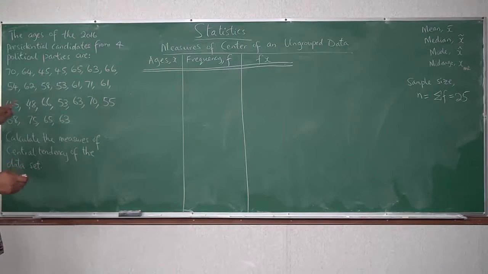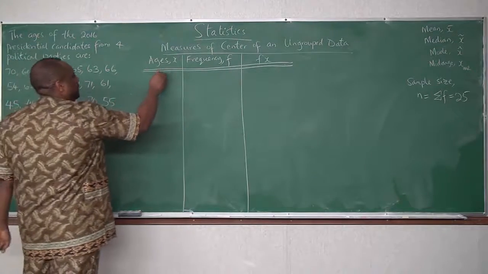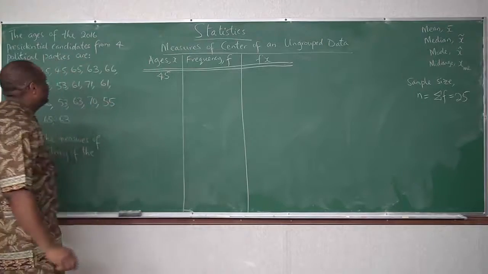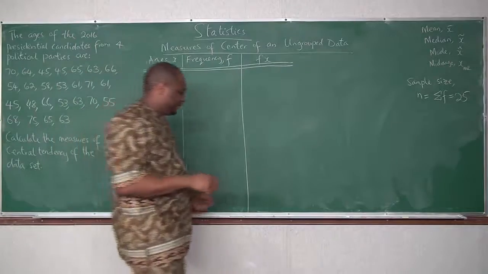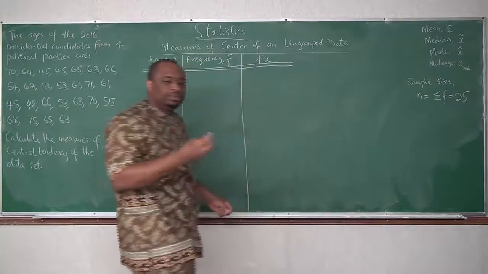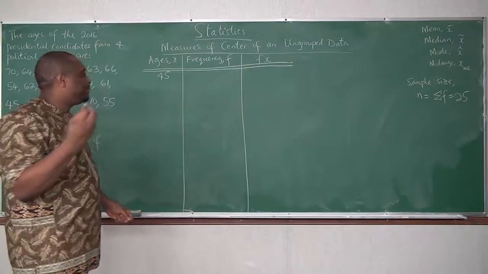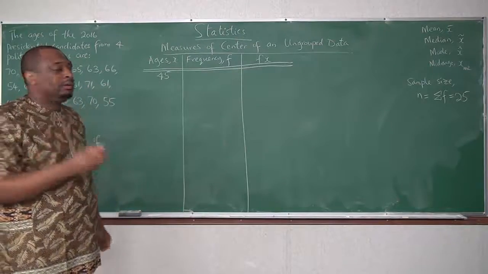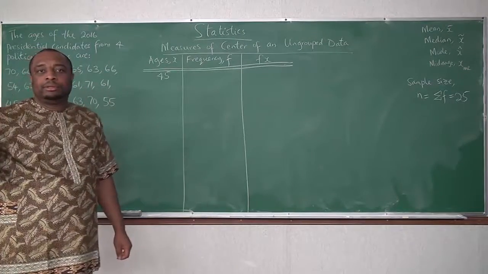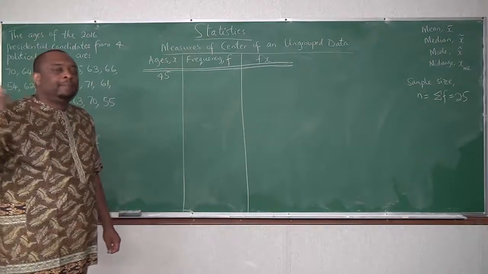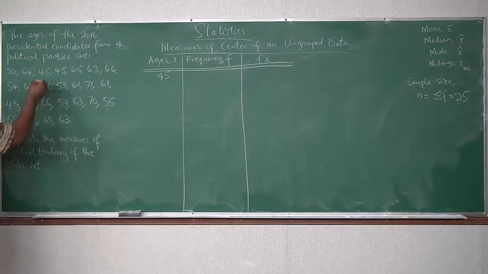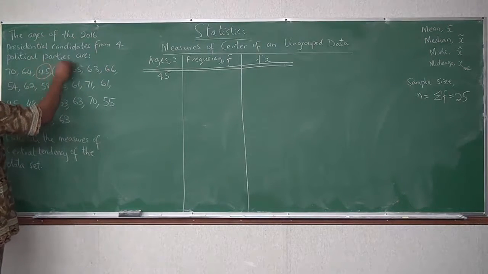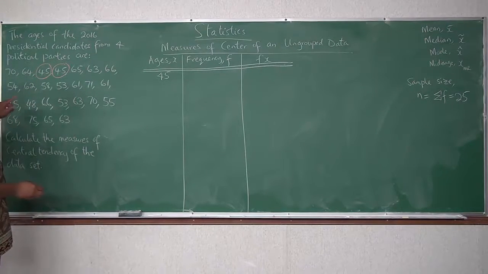The least age here is 45, and for the frequency, the way I'll teach you is to use this color of chalk. Each one I count, I will use several markings to know I've counted it. So I'll use circles for this. 1, 2, 3.